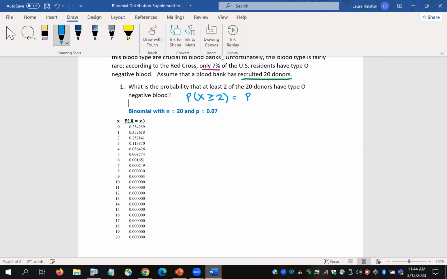So we're going to do 2, 3, 4, 5, all the way up to 20. Okay, so from 2 all the way down. Then you want to type those numbers in.